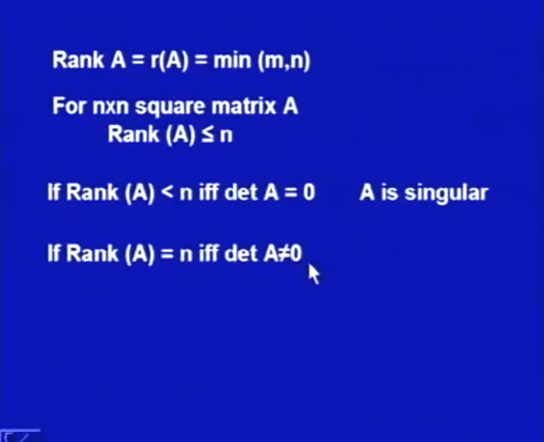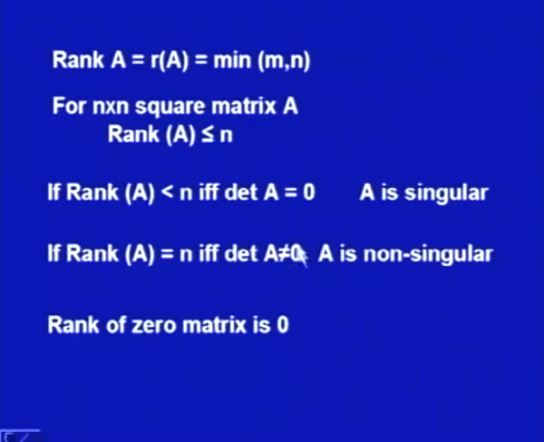Again, this is from the definition, and this becomes the definition for non-singular matrix A. So, we say A is non-singular if its determinant is non-zero. Further, one can observe that rank of a 0 matrix is 0, because in that case all determinants of order 1 will be 0.